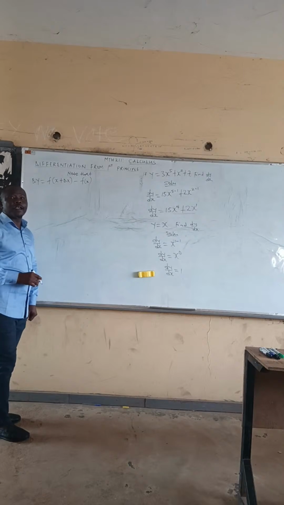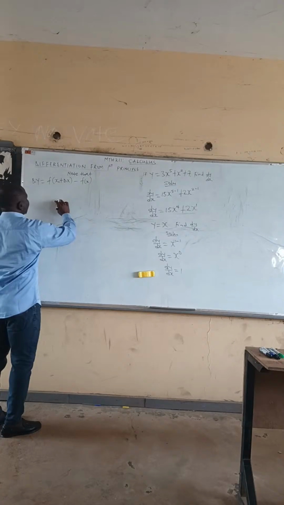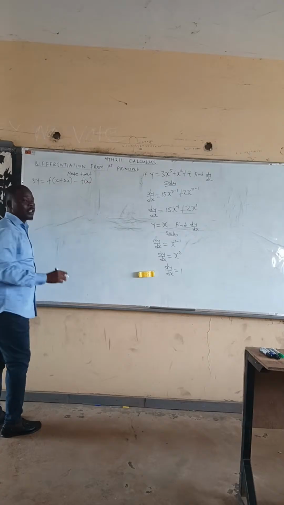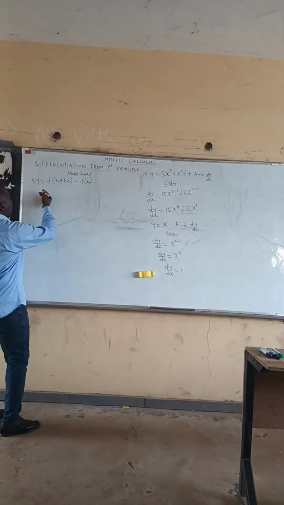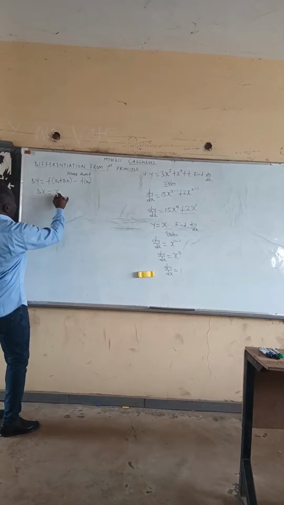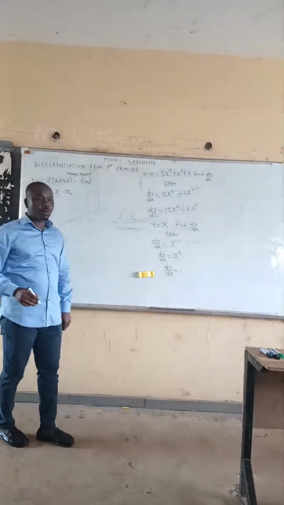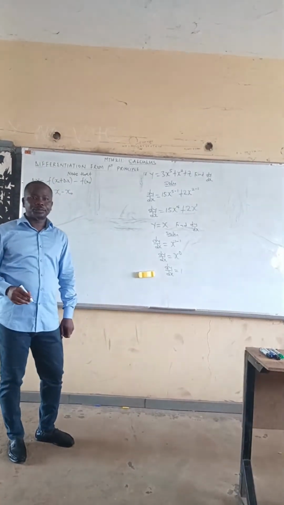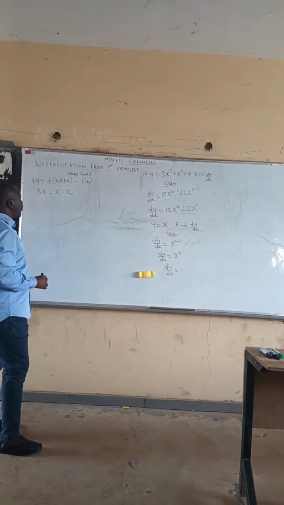So at origin, we assume that here is x naught, right? Now, we also note that our dx is equal to x1 minus x naught. Amen? Do you understand? Are you following? Yes.